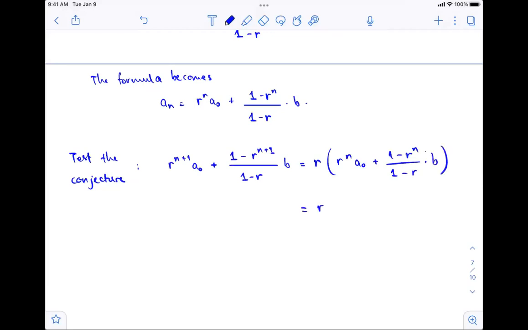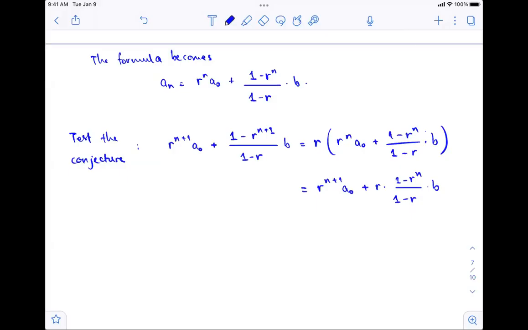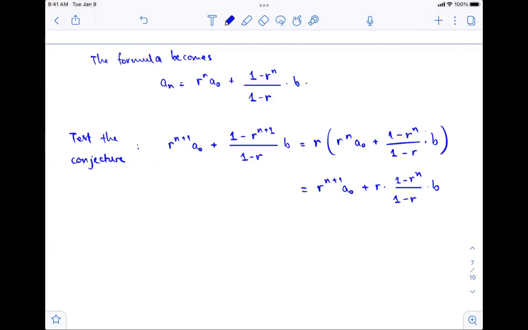And we get r raised to the n plus 1 times a0 plus r times 1 minus r to the power n divided by 1 minus r times b. I forgot the plus b on the right hand side. So the plus b here.